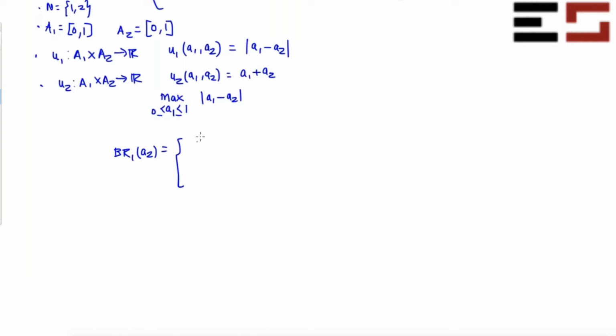As Jagannatha pointed out, 0 is the solution if a2 is greater than 0.5, 1 is the solution if a2 is less than 0.5, and there are two solutions, 0 and 1, if a2 is equal to 0.5. Is that fine? Is everybody clear?